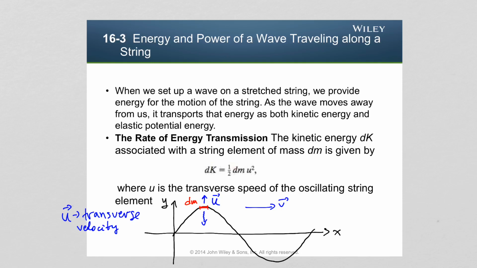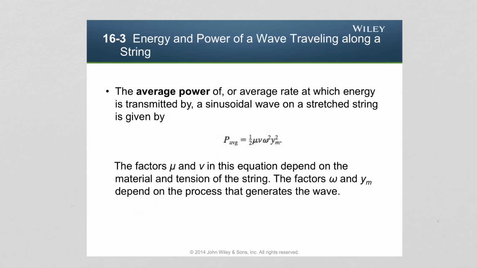So since energy is transported, we need to look at the rate at which the energy is transported. And so the rate of transport is known as power, and since we are averaging here, due to the fact that the waves are described by sine functions, we are going to talk about average power of the transmission of energy.